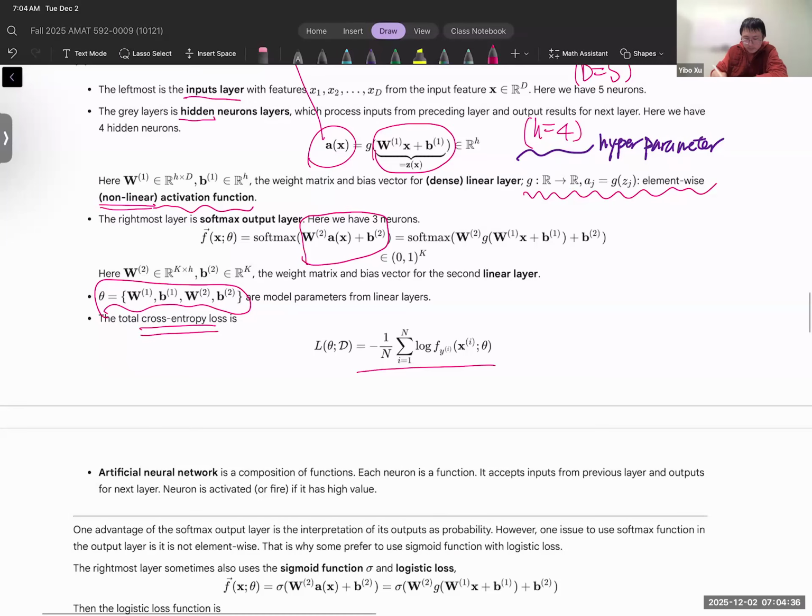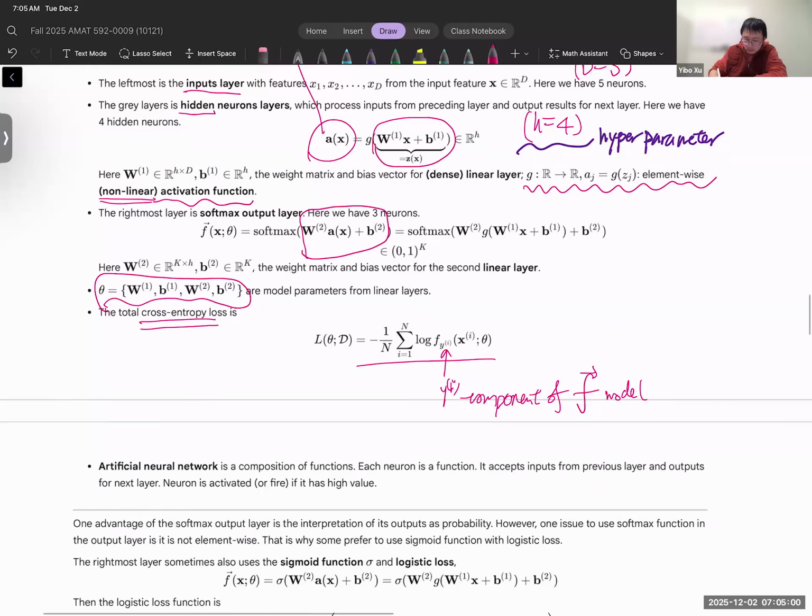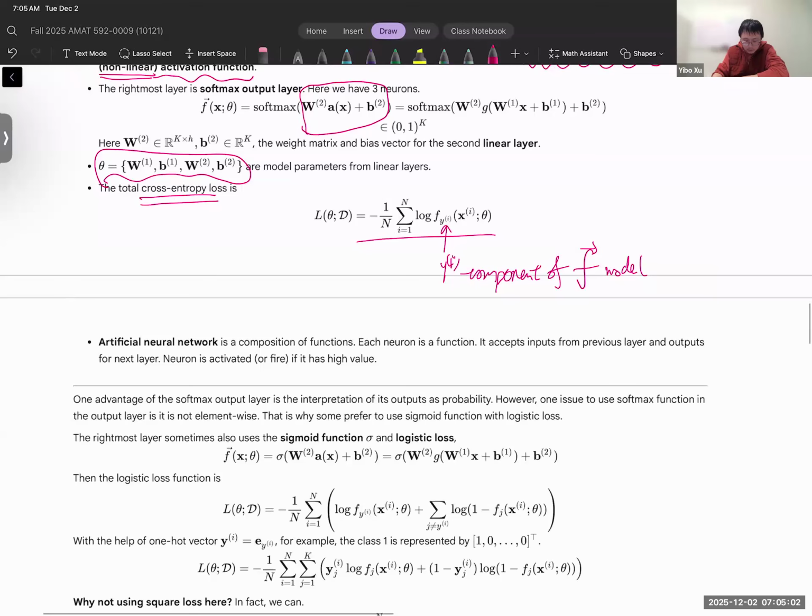So it's going to be like this. Still, this is the yi component of f, of the model. Let me erase that bold symbol here. It's not really necessary. But of course, if you want to change the objective function, that's totally fine.